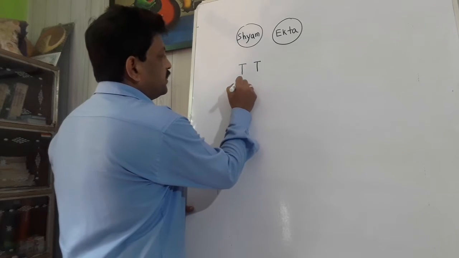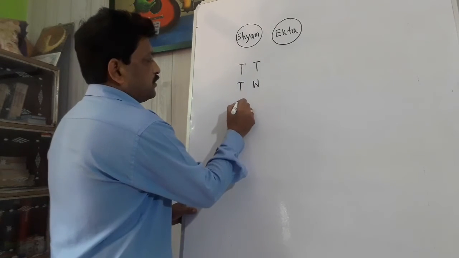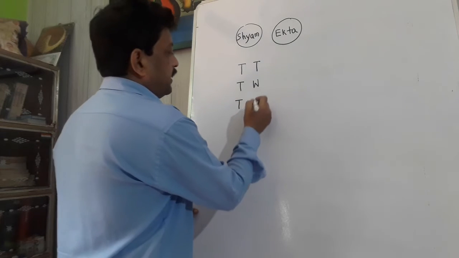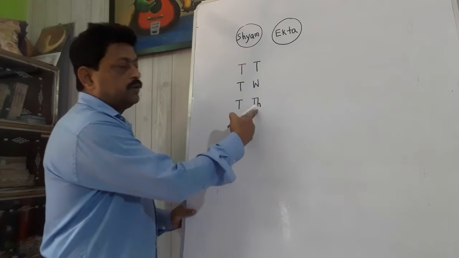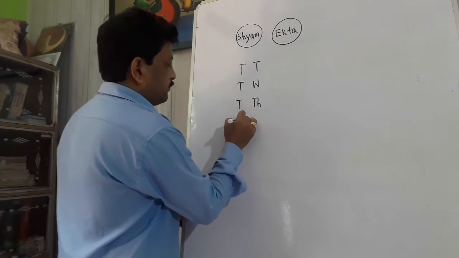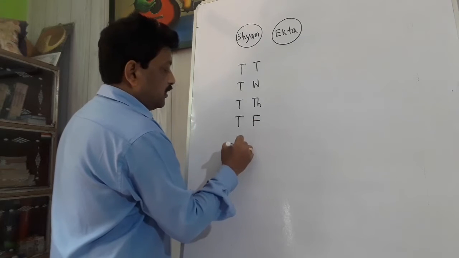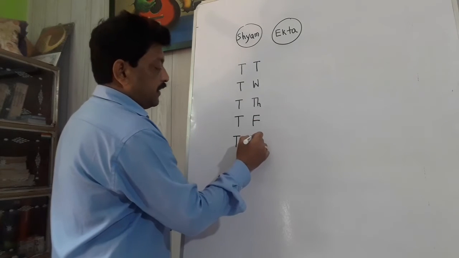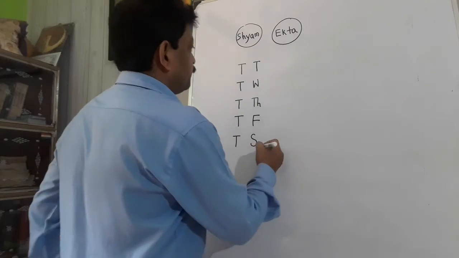Or Sam is visiting on Tuesday and Ekta on Wednesday. Sam on Tuesday and Ekta on Thursday. Sam on Tuesday and Ekta on Friday. Similarly, Sam on Tuesday and Ekta on Saturday. Up to Saturday we have to calculate.